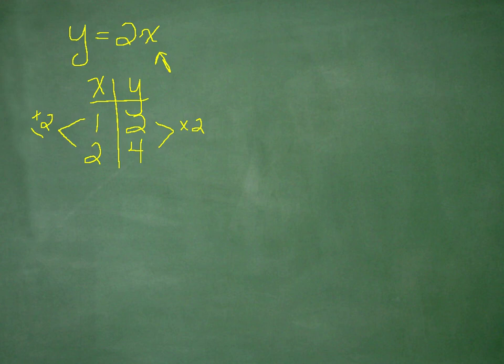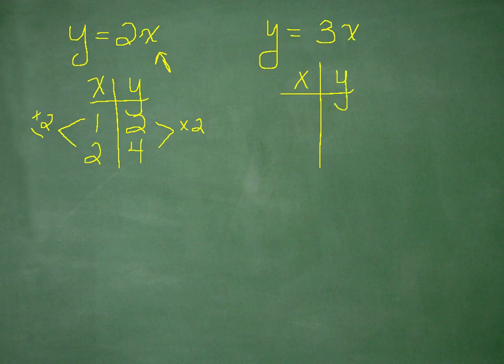Okay, now let's look at another equation that's similar. Look at y equals 3x. Making our table, I have x, y. Let's let x be 1. If I plug in a 1 for x, 3 times 1 is 3, so y equals 3. Now, let's let x be 2.